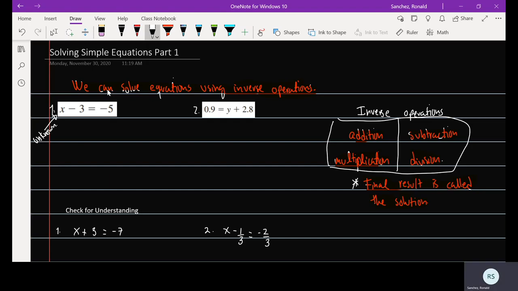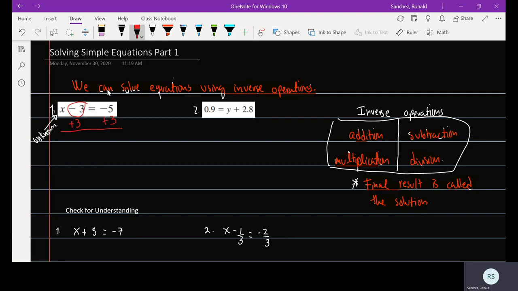So what we want to do is move everything that is not x to the opposite side. In this particular case, we have a -3. And we need to ask ourselves, how can I move that -3 to the opposite side? Well, because I am subtracting 3 from x, the opposite of subtracting 3 from x will be to add 3 to both sides.